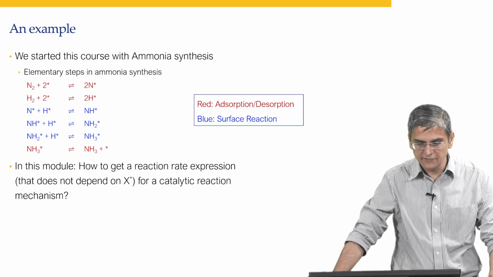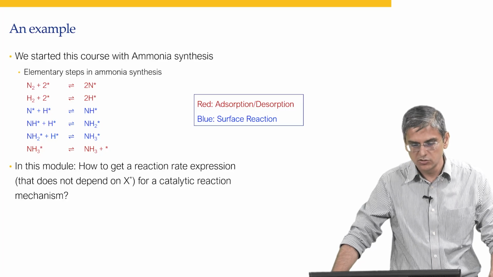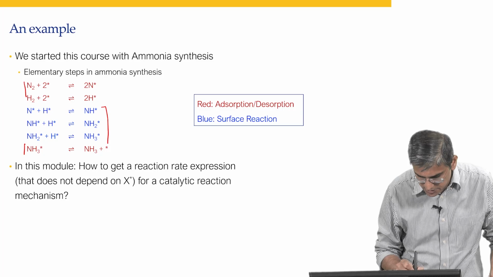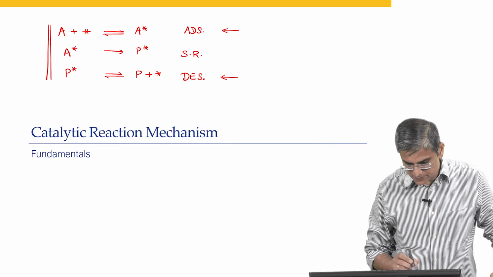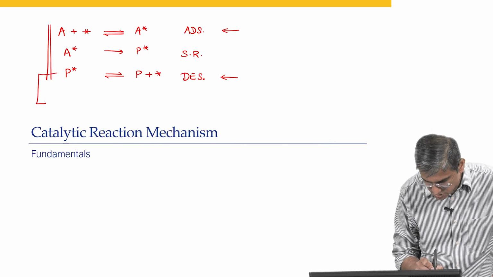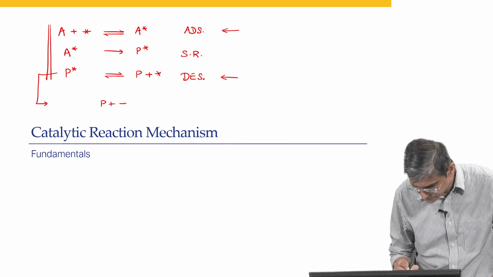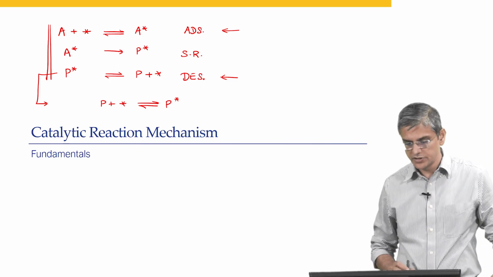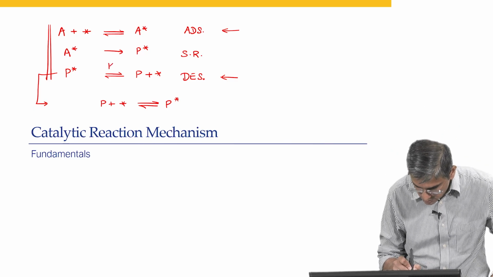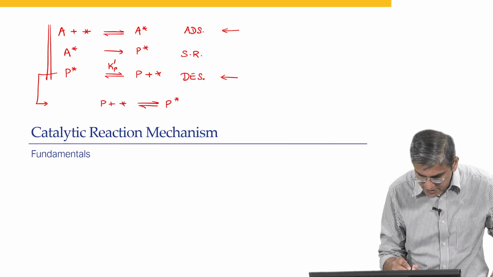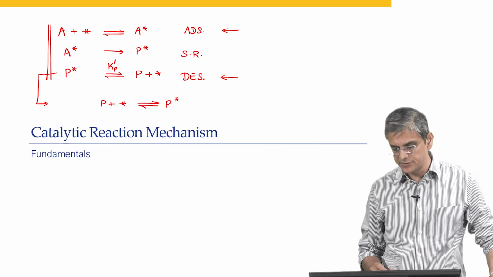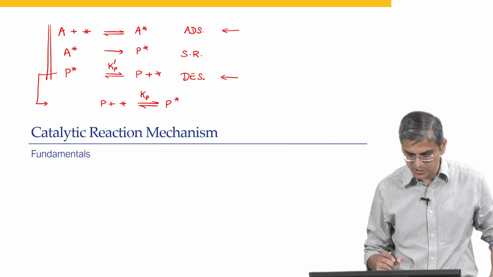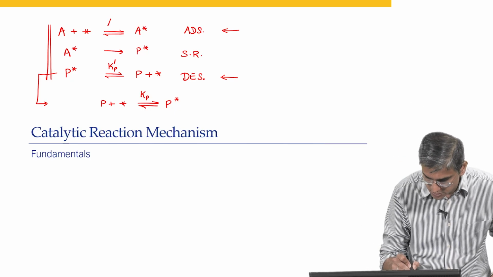So with this we started this course with ammonia synthesis. In ammonia synthesis, these are adsorption and desorption steps and these are surface reaction steps. Keep in mind the desorption step is just the reverse of the adsorption step. So, for desorption, I will say K dash is the equilibrium constant, and K I will talk of as the equilibrium constant for adsorption.